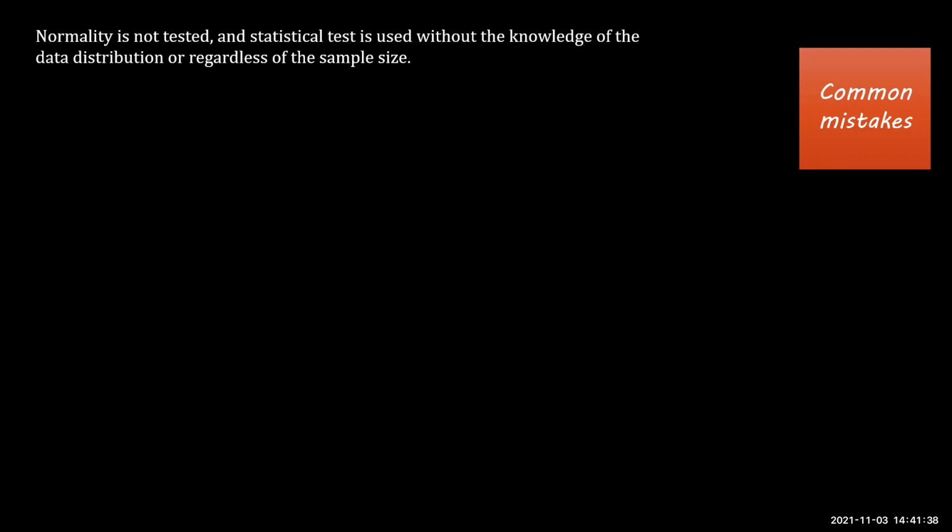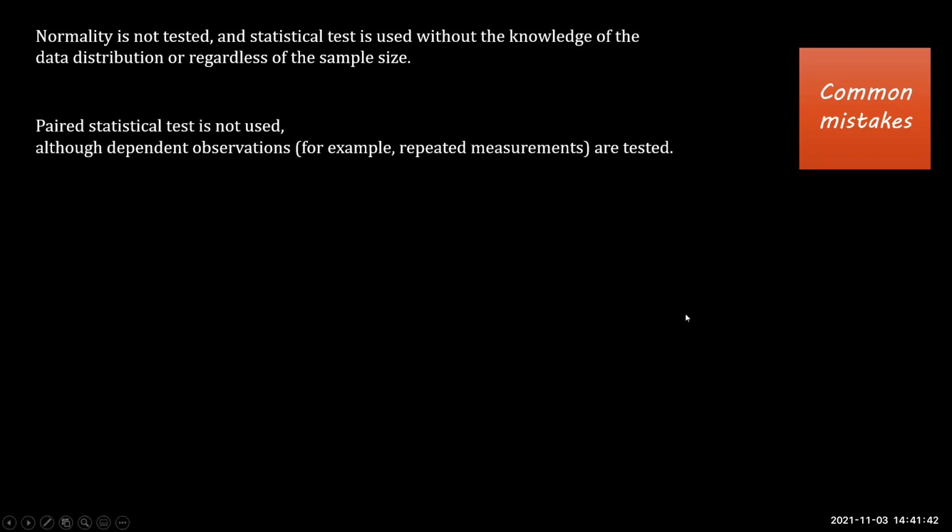If you present that, it's a nice way to show that you know what you're doing. And as I mentioned, if paired statistical tests are not used with before-after experiments or repeated measurements, that is a big no-no, and it shows that you're treating these as independent observations, whereas these are dependent observations.